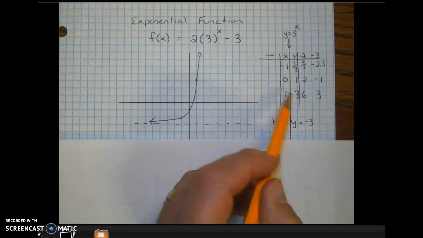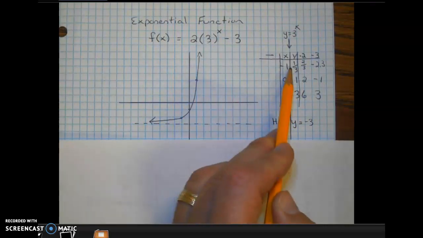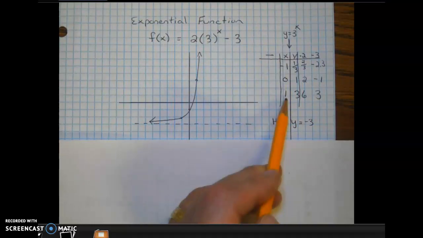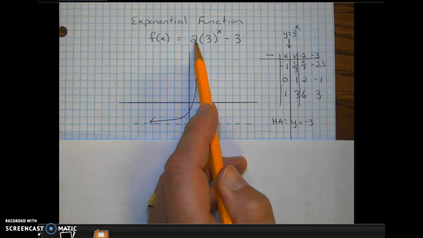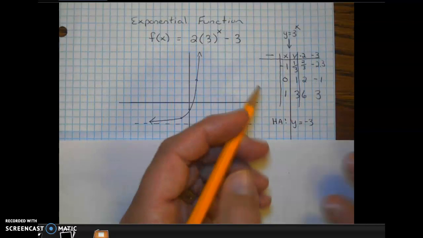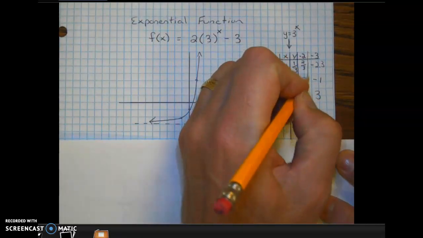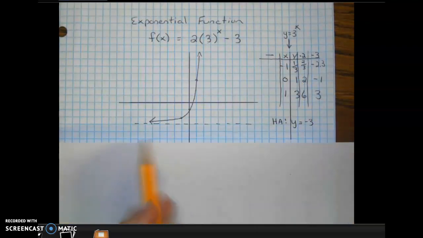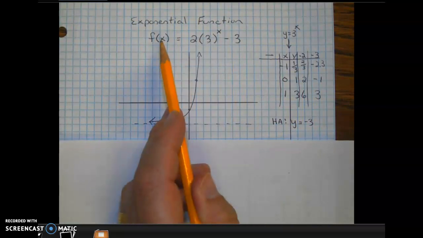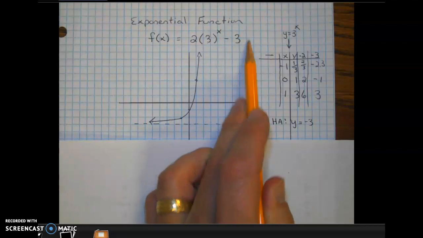Okay? And then we applied the transformations to the parent table. Notice there's no effect on the x, so the x stays the same. We're multiplying by 2 on the y, and we're subtracting 3. So we have two columns here for multiplying by 2 and subtracting 3. We're also given in this function the y-intercept, which is y equals negative 3.